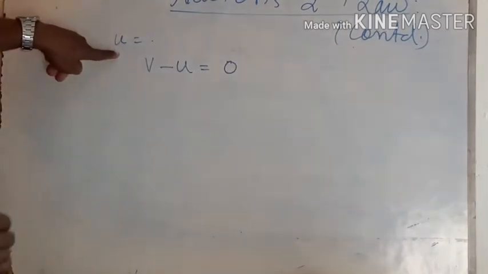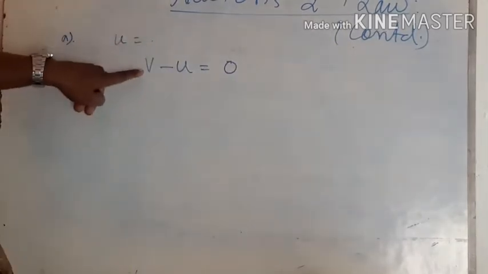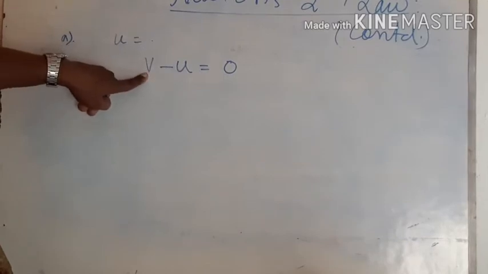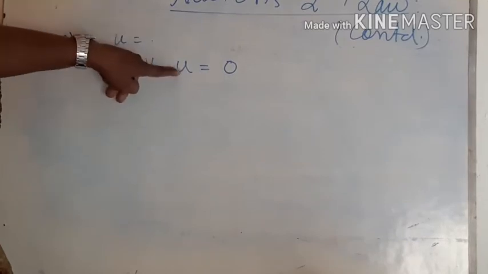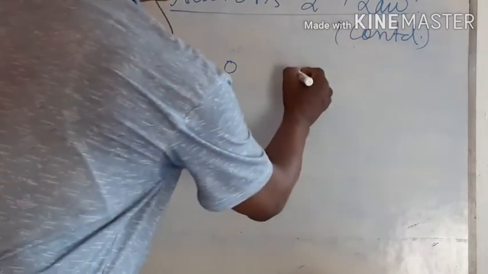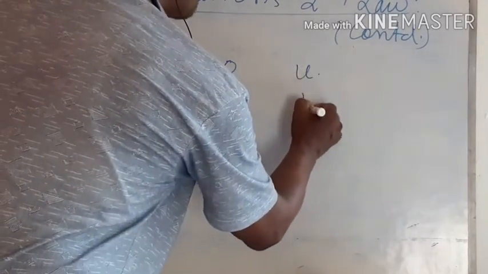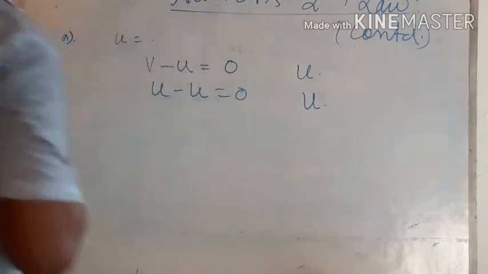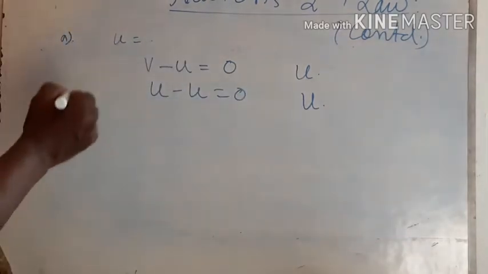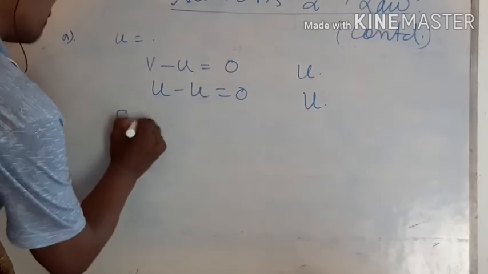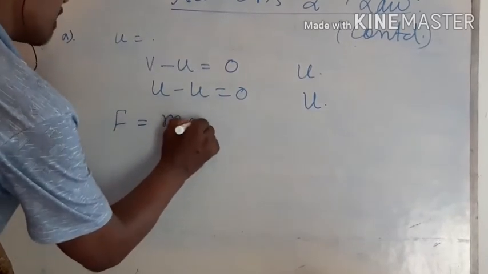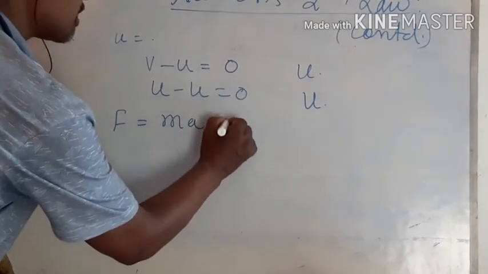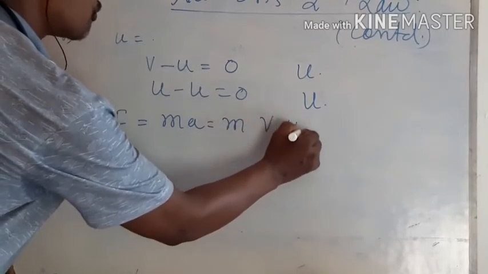There is no change in velocity, meaning initial velocity is u and final velocity is also u. So u minus u will be equal to 0. Applying Newton's second law, F is equal to m into a, and acceleration a is equal to (v minus u) upon t.